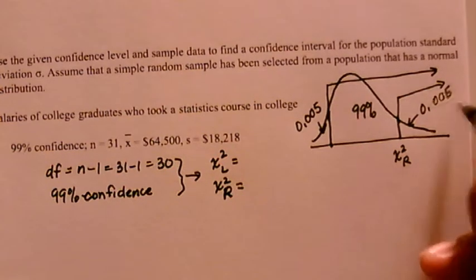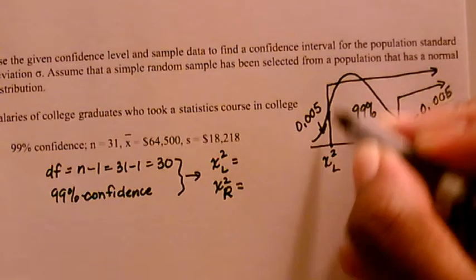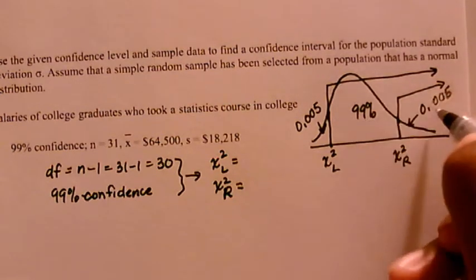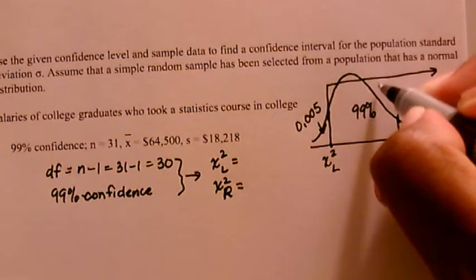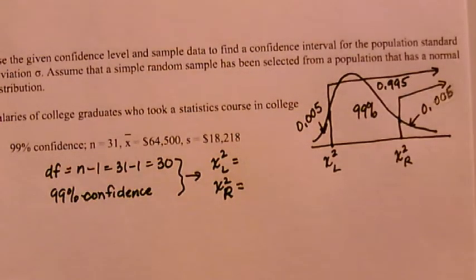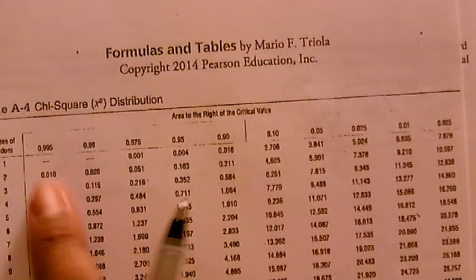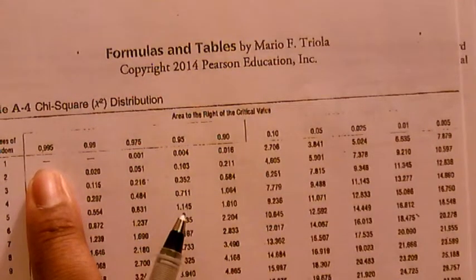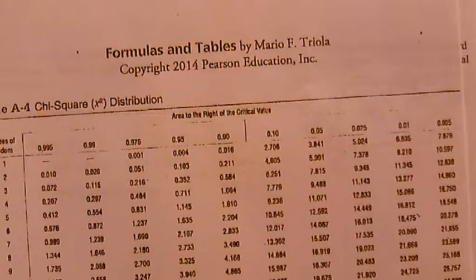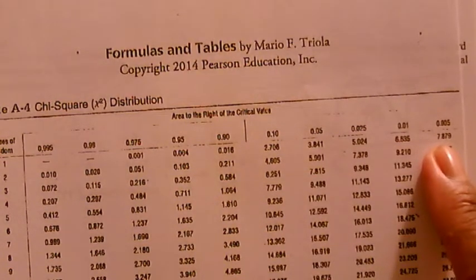Well, that area to the right is 0.005, but for the chi-square on the left, the area to the right will be 0.99 plus that 0.005, which will be 0.995. So using table A-4, or the chi-square distribution table, we're going to be using 0.995 and 0.005, which is off to the far right.